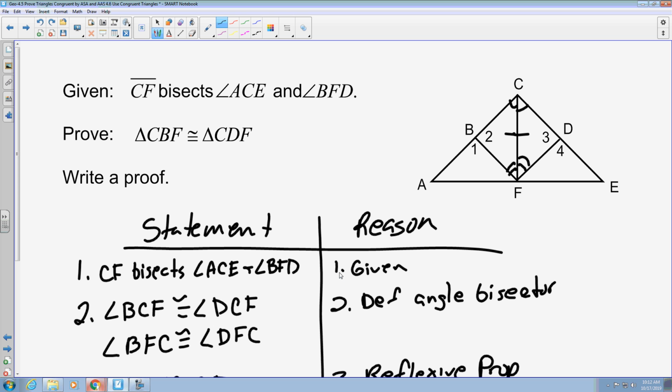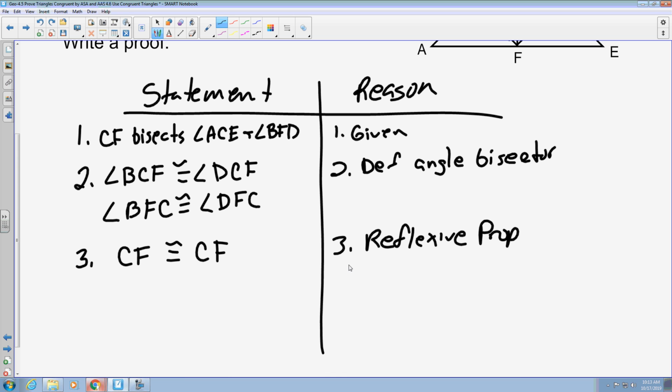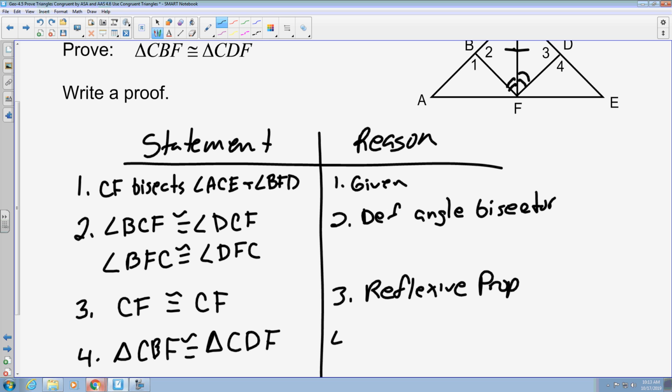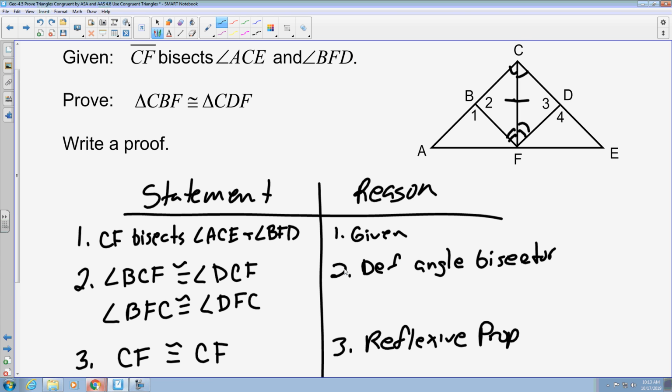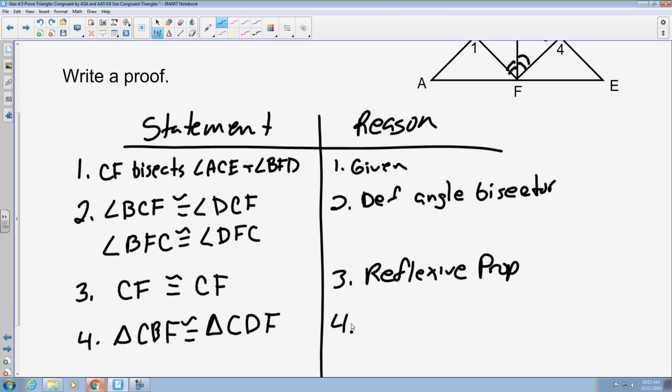I have one set of congruent sides. So I can now write that triangle CBF is congruent to triangle CDF because of angle side angle.